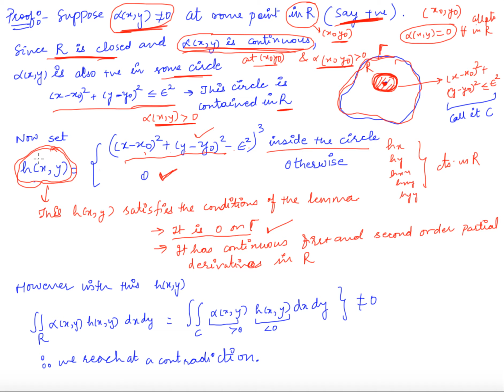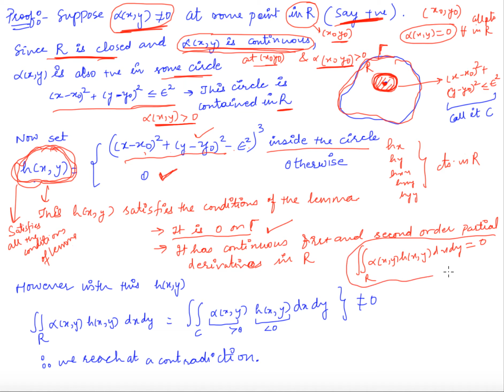So it means that this function h(x,y) satisfies all the conditions of the lemma. Okay. So it means that by the lemma we must have the integral of alpha(x,y) h(x,y) dx dy over the region R should be 0. We must have this condition, right?